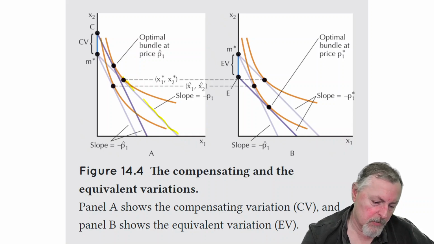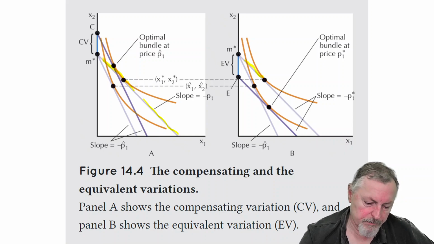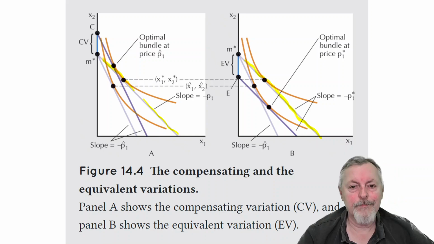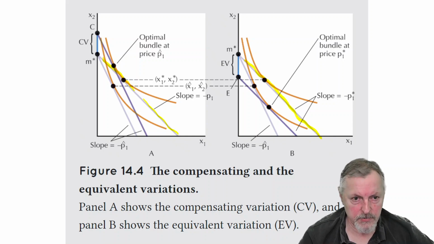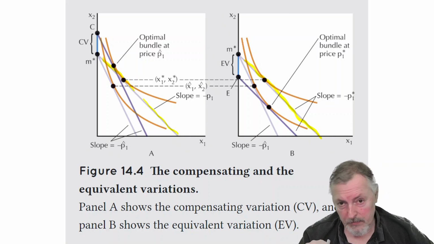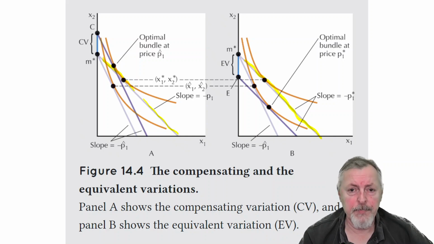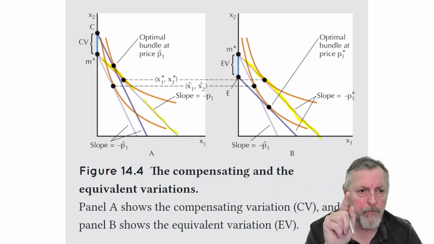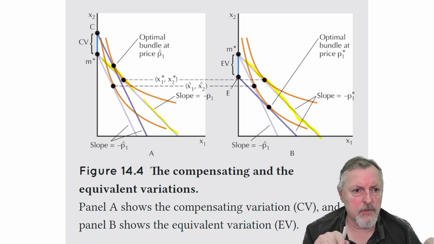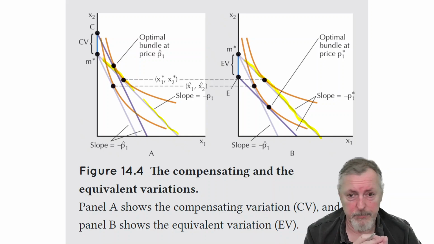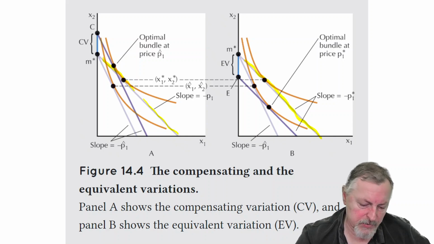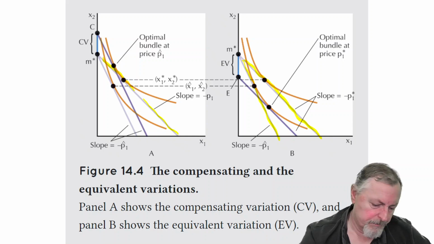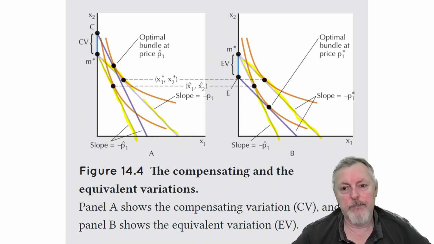You start out on the same budget line in both cases. And in both cases, you experience a price increase. It's X1 on the horizontal axis that gets more expensive. So the point where the budget line intersects the vertical axis doesn't move. That's a pivot point. X1 is more expensive, so it just swings in to there.